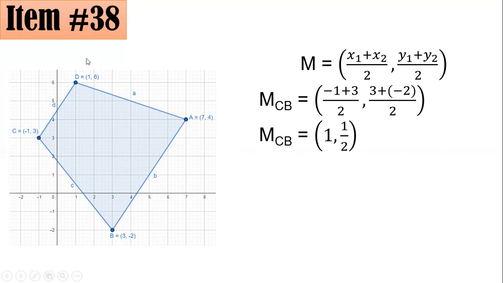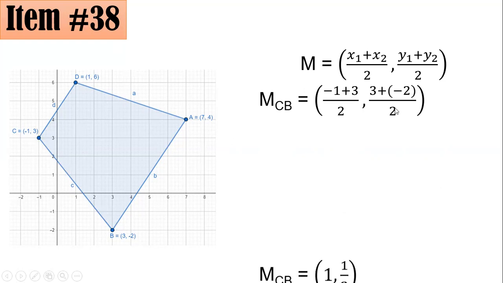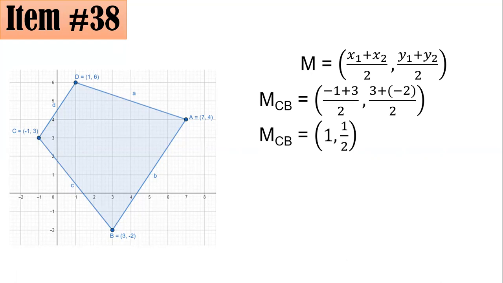So here, for CB, negative 1 plus 3 all over 2, and the y component is 3 plus negative 2 all over 2. This simplifies to 2 over 2, or 1, and 1/2. So these are the coordinates of the midpoint of CB.